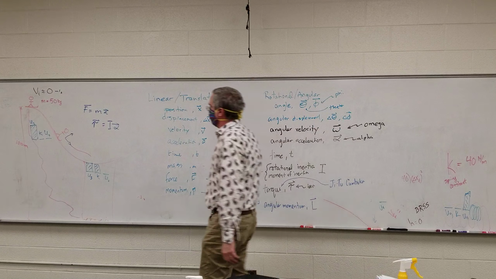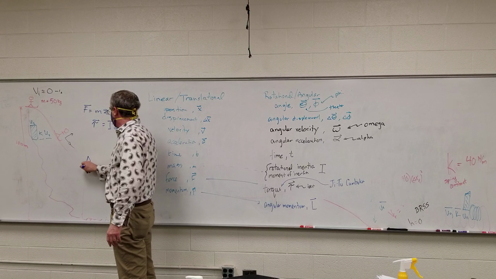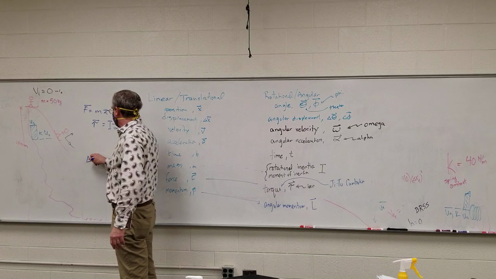Take another equation. I know that I have a PowerPoint on this one. I might have mentioned it briefly in class at some point, but another equation: delta x is equal to v_i t plus 1/2 a t squared. What would be the rotational version of this?